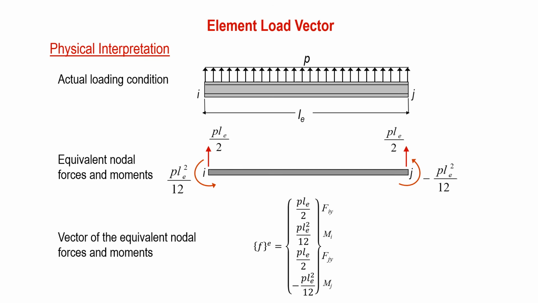If the uniformly distributed load is applied on more than one element, for example 2 or 3 elements, then we have to obtain the equivalent forces and moments for each element first, before we assemble them in order to obtain the global forces and moments. To gain a better understanding of this problem, let's have a look at our example in the next video.